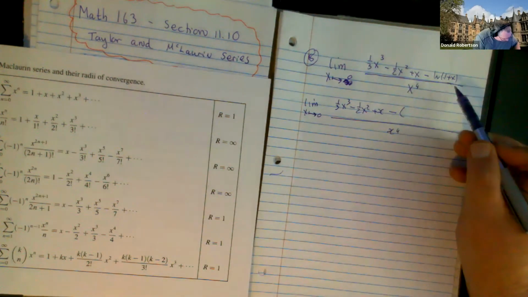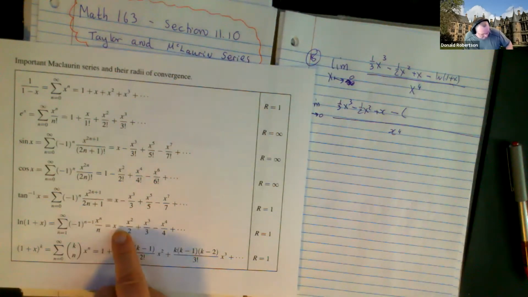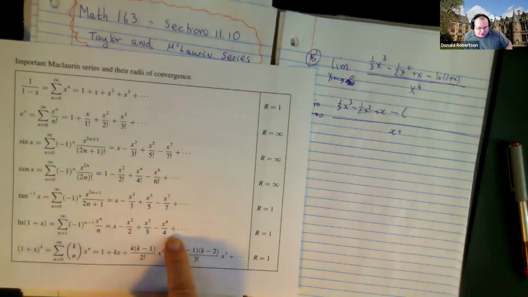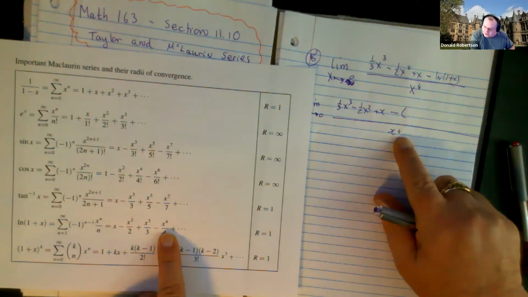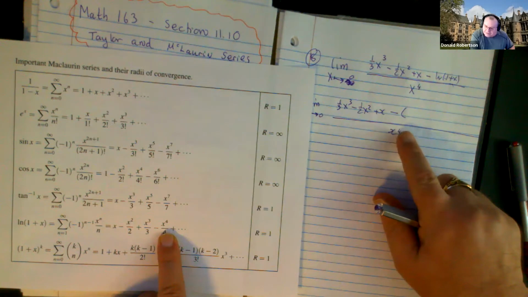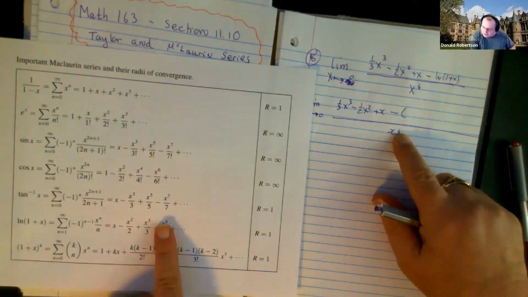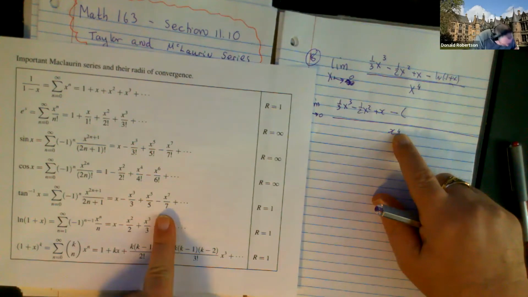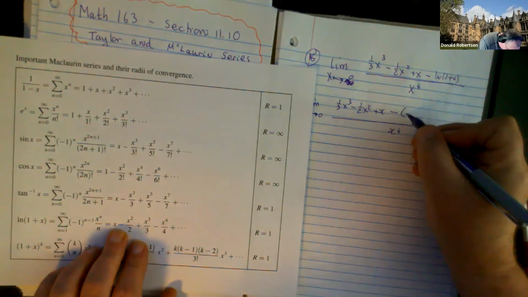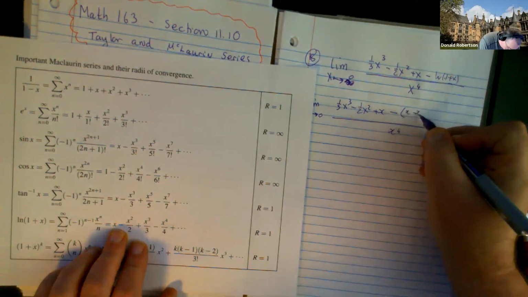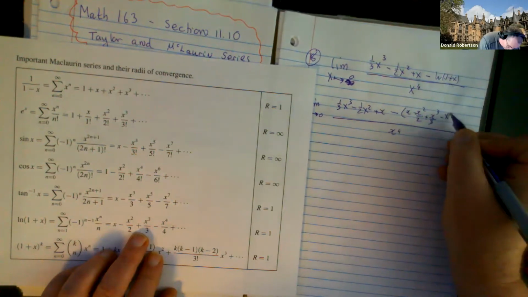I'm just going to look at the log function, which is this guy here. Do you see these terms here? And I'm only going to write it down as far as x to the 4. And the reason I'm doing that is because of this x to the 4, right? If this had said x cubed, I would have written only down to x cubed. You see the first 3 terms. So the log of 1 plus x is x minus x squared over 2 plus x cubed over 3 minus x to the 4 over 4, right?